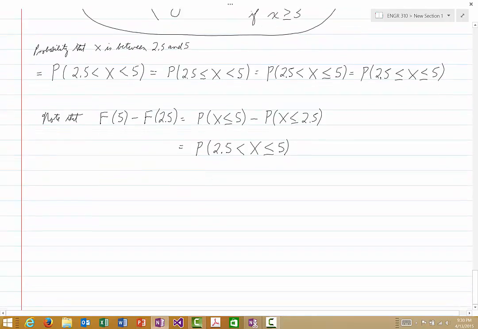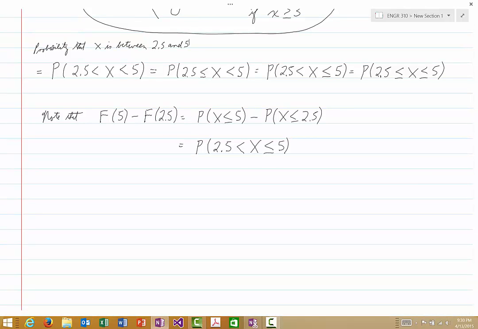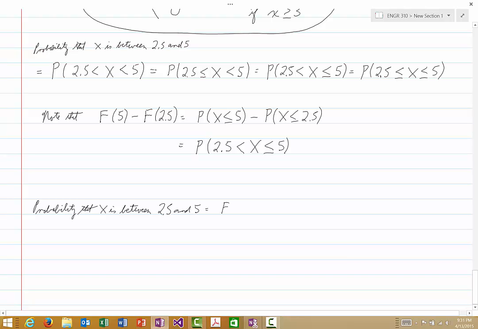But what we will have here then is the probability that x is between 2.5 and 5 is equal, as we've just argued, to capital F of 5 minus capital F of 2.5.